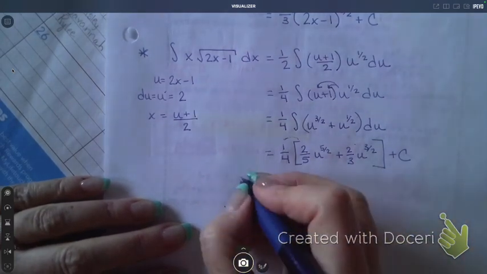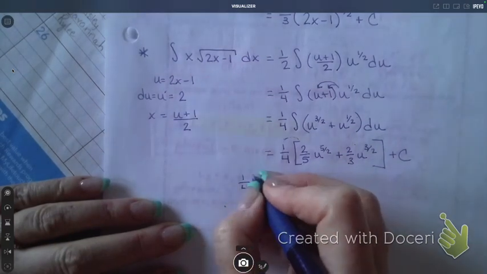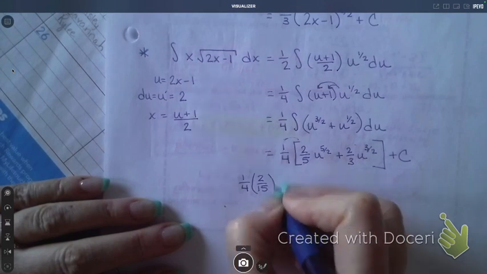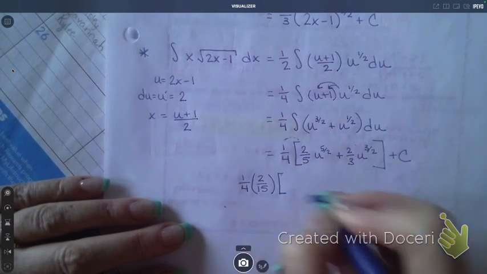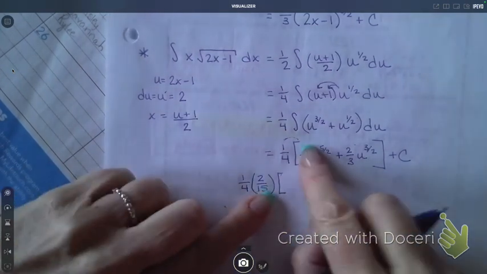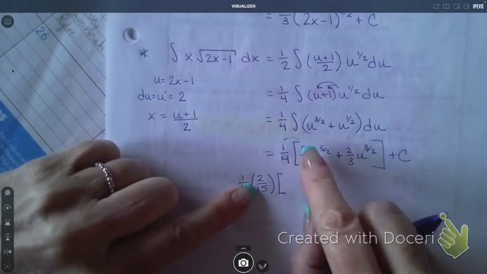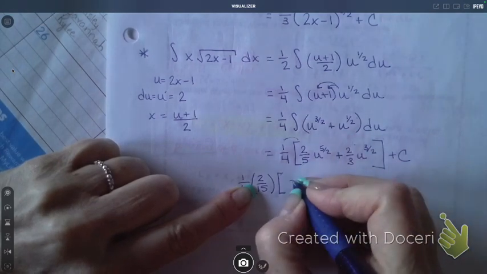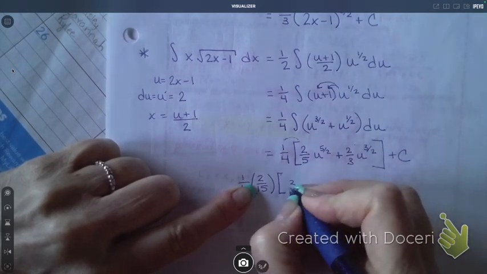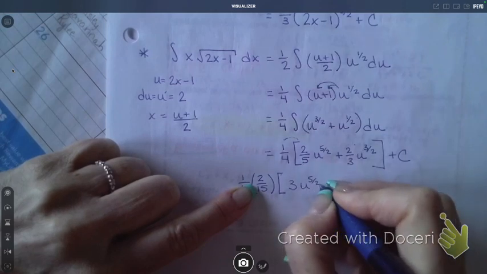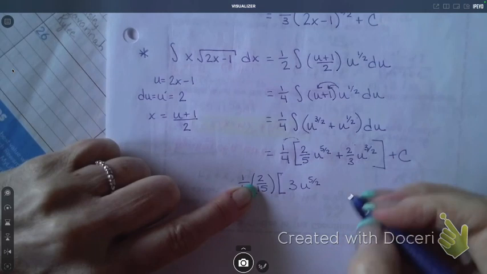So I'll have 1/4 times 2/15. If I'm factoring out, I multiply by the reciprocal, yes? So the 2/15 times 2/5 would give me 3 u to the 5/2, and we'll have to substitute that back in a second.